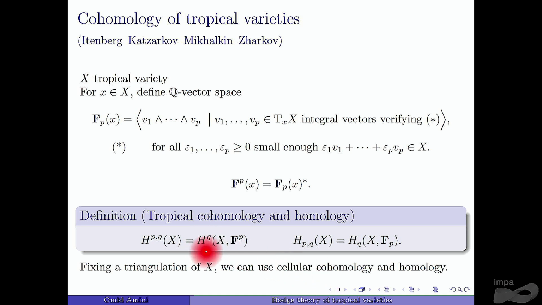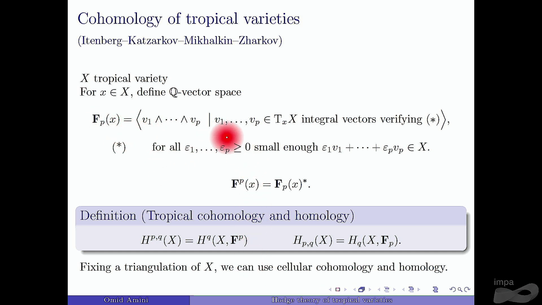So in order to define FP, I have to tell you what are the holomorphic multivectors tangent to my tropical variety at the point X. And then I take the dual of this. Okay, so this is the dual of this sheaf of tropical degree P holomorphic forms. So I define it at each point X as follows.